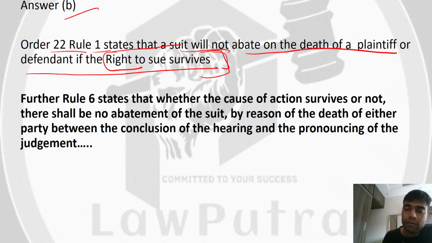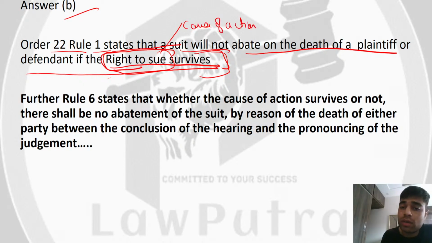Now see, right to sue basically means that you have a particular cause of action. If you have a valid cause of action, then your right to sue is there. It is not like you have a cause of action, and then for some reason the right to sue has gone away. There are very limited reasons, but that is not necessary for these kinds of questions.